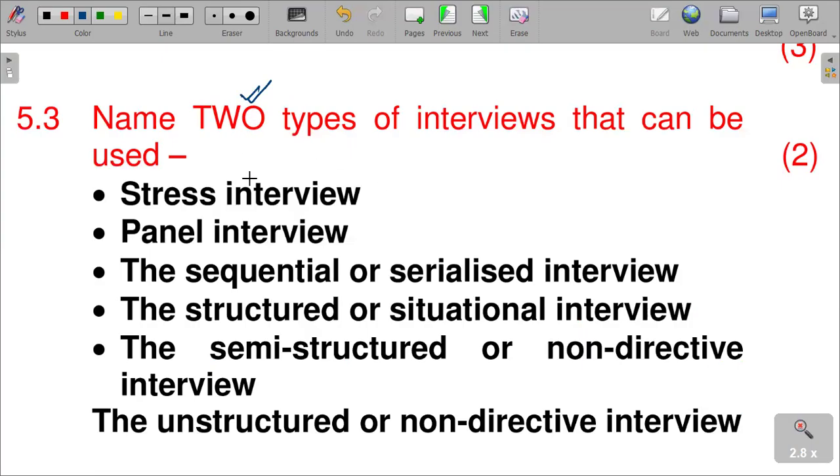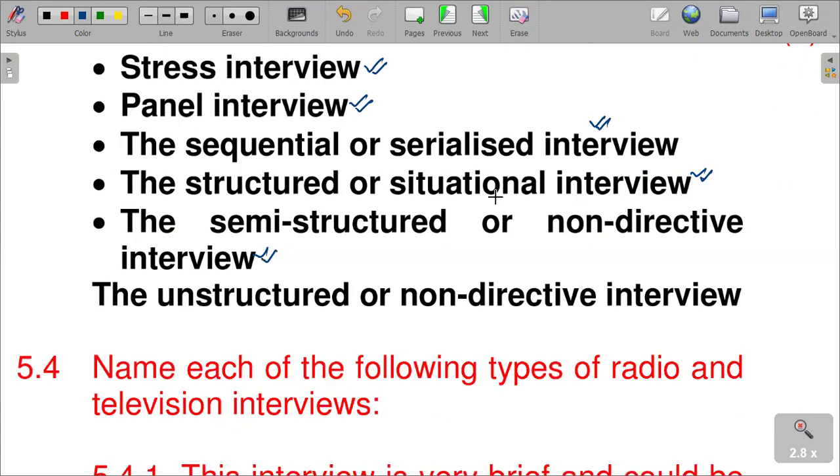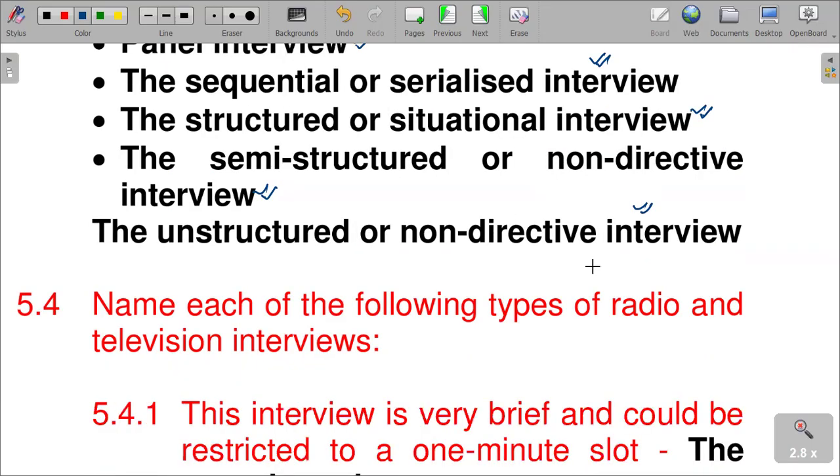So we can have the stress interview, the panel interview, the sequential or serialized interview, the structured or situational interview, the semi-structured or non-directive interview, and the unstructured and non-directive interview. You choose just any two types of interview. Take note that sometimes you might be asked to explain any two types of interviews.